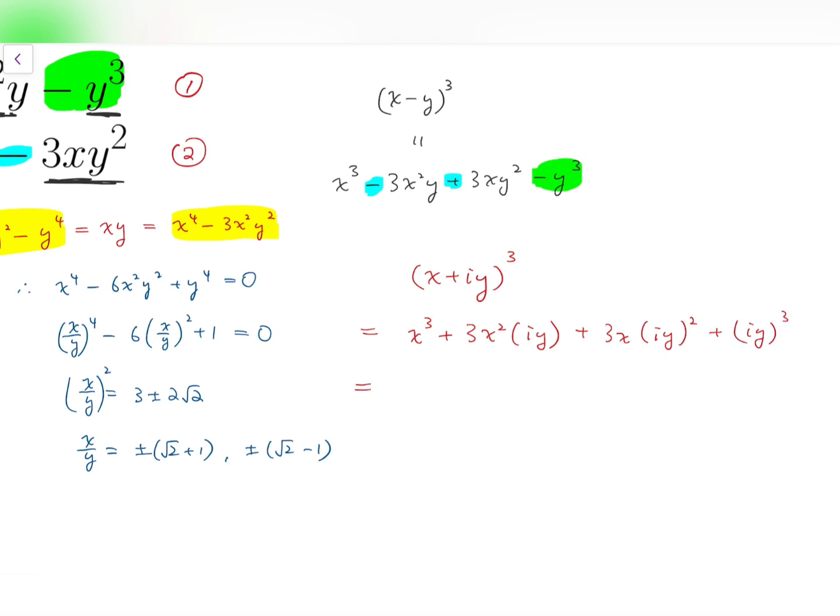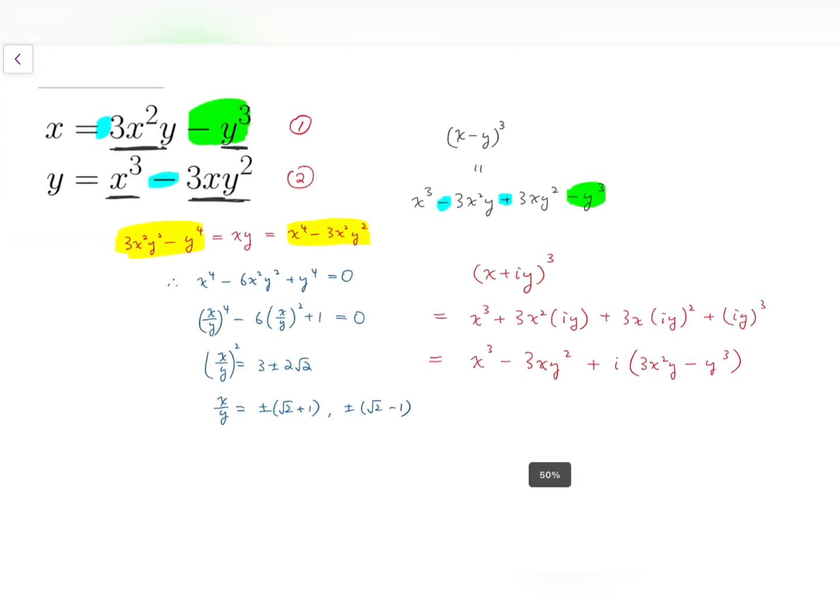And if you simplify, you will have x cubed minus 3xy squared, that's the real part. As for the imaginary part, we have i times 3x squared y minus y cubed, because i cubed is minus i.